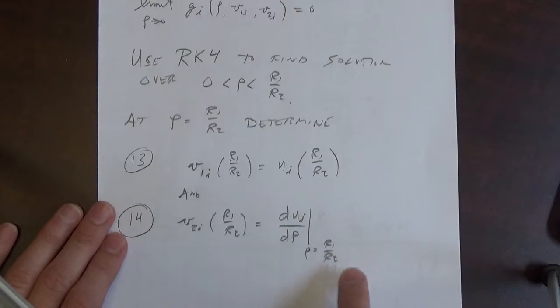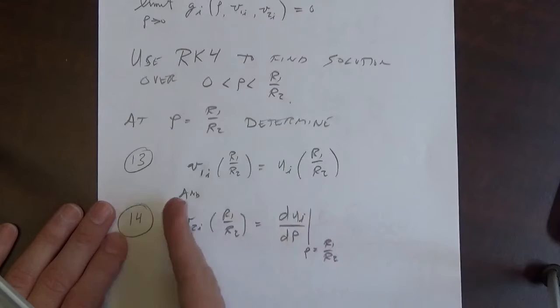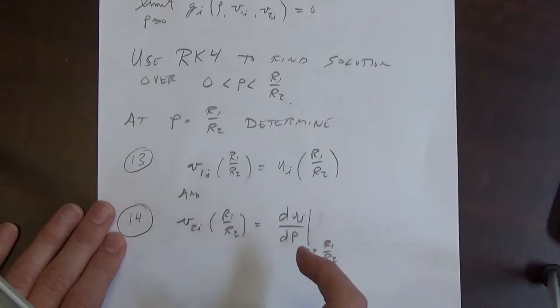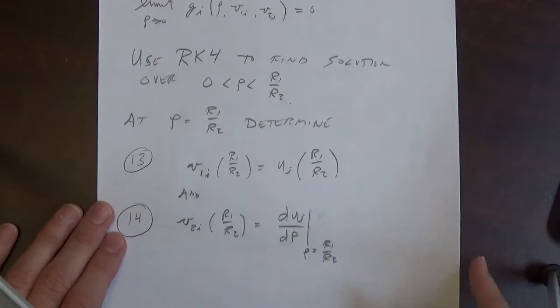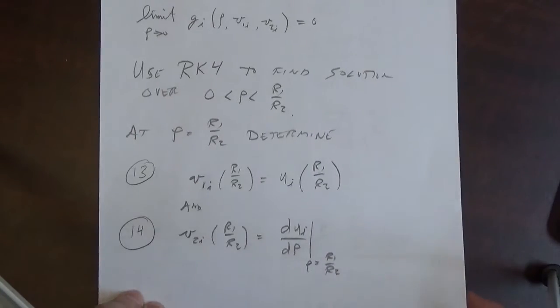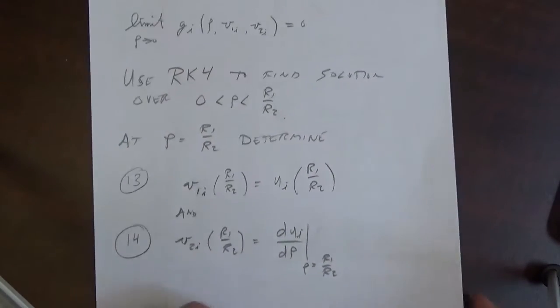So basically I'm just saying what comes out of the problem after we solve the interior with Runge-Kutta fourth order. And these are important because these are going to be the starting point for solving the exterior solution.